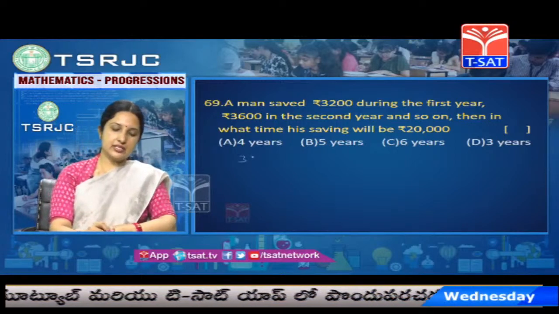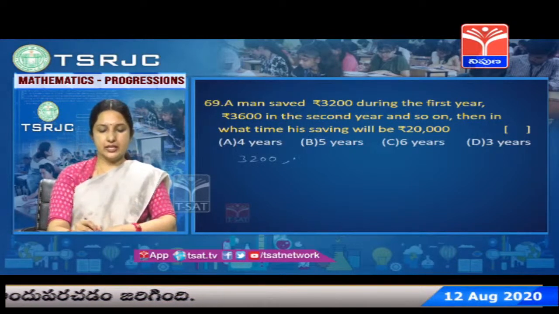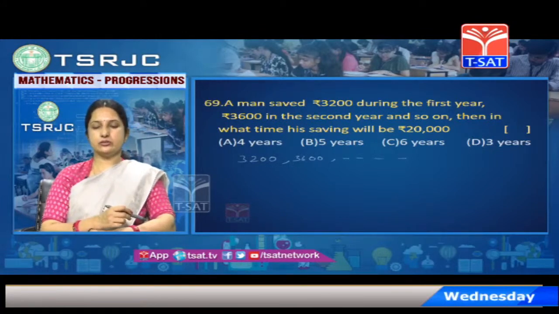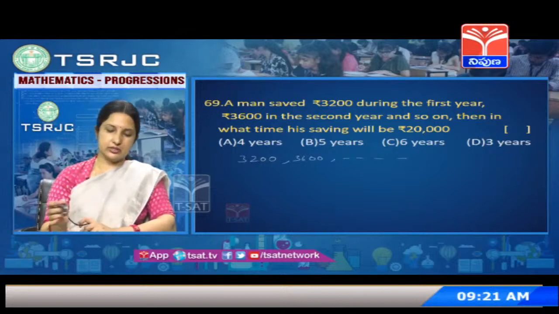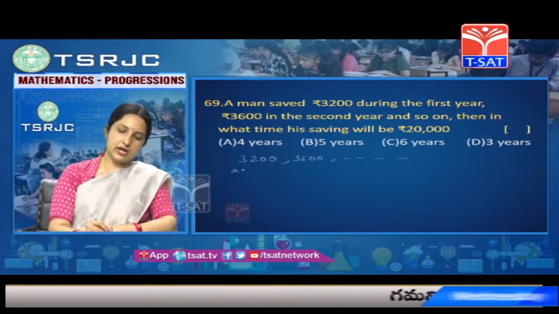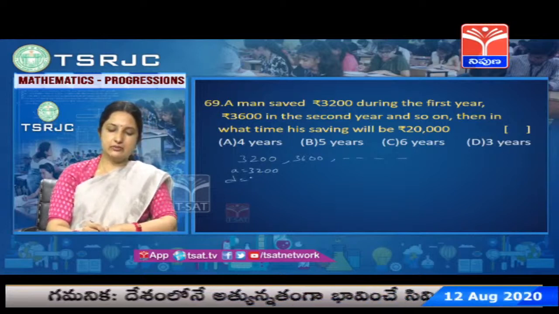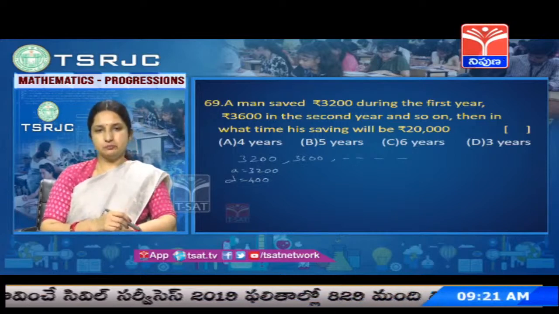Okay, a equals what? 3,200. d equals what? 400, a2 minus a1, so 400.